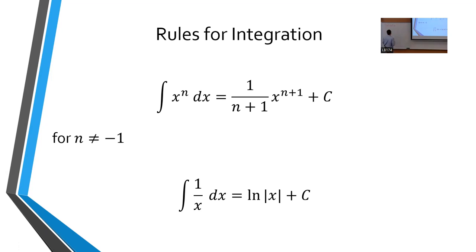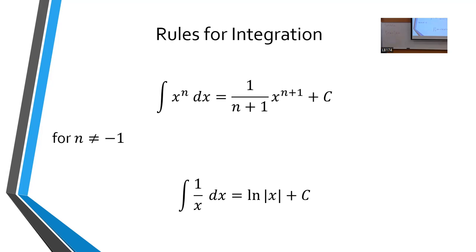And when n is -1, x to the -1 is the same thing as 1 over x. So when n is -1, we have to integrate 1 over x.